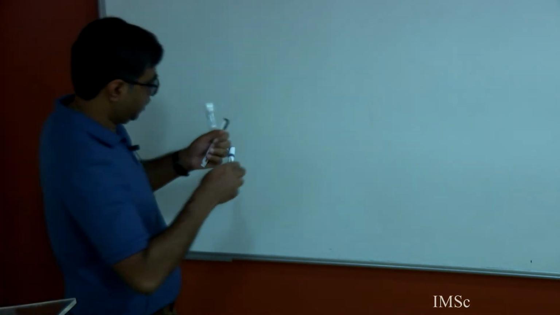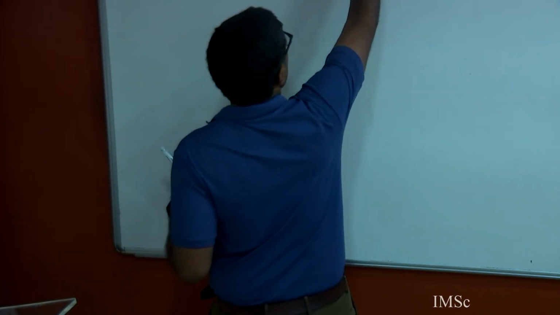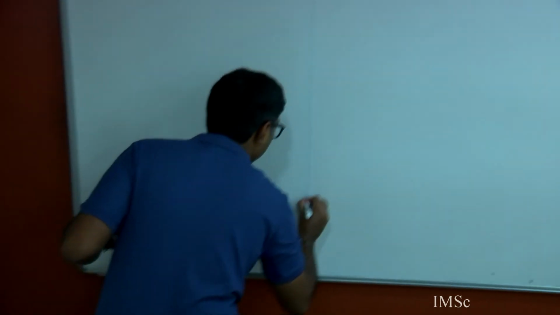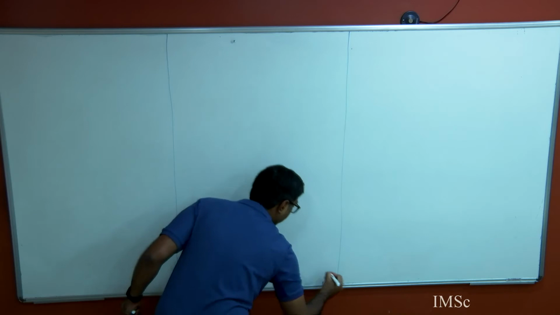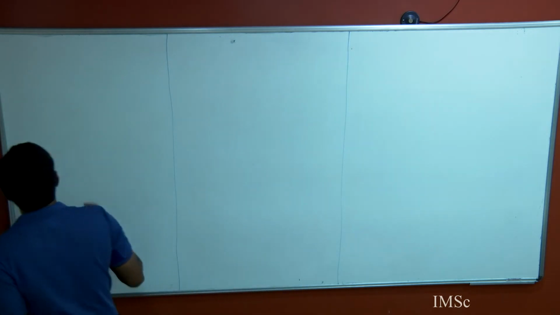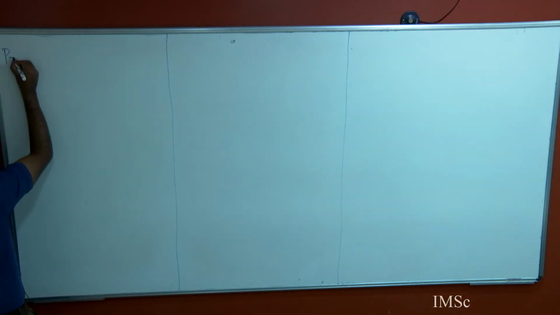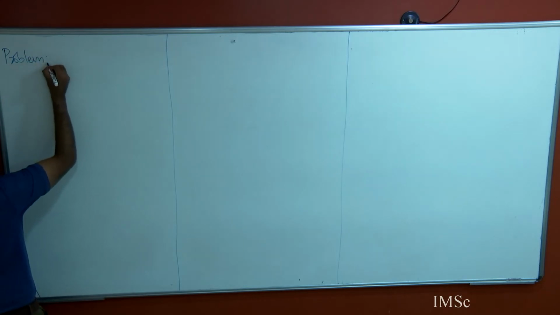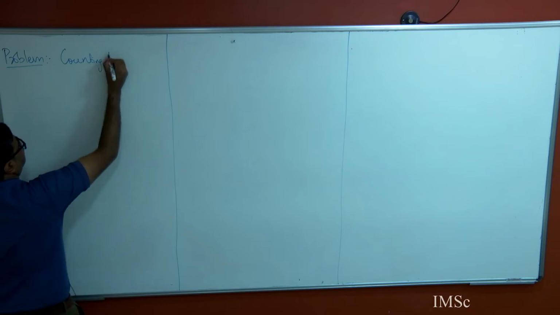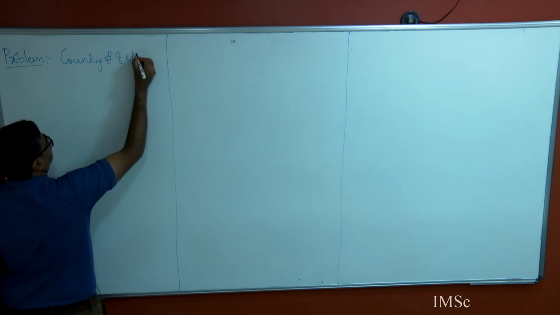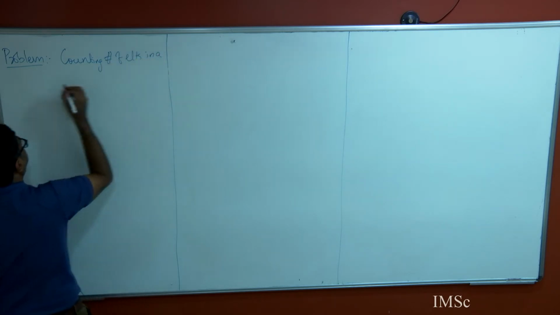Okay, so last time we were seeing an algorithm for something very simple. So what was the problem? The problem that we were studying was counting the number of elements in a stream.